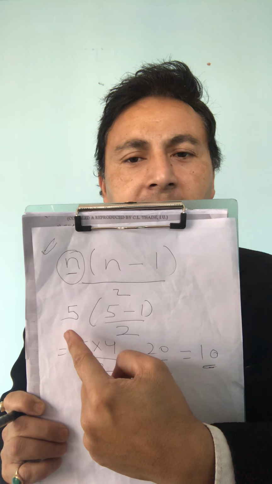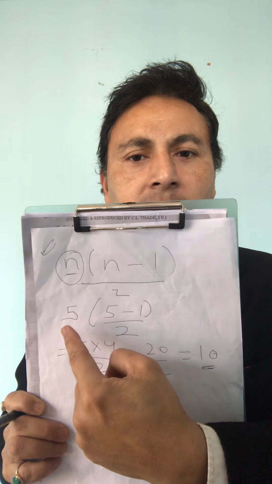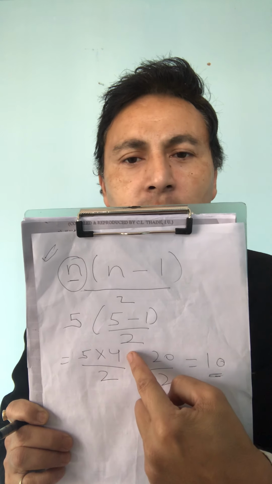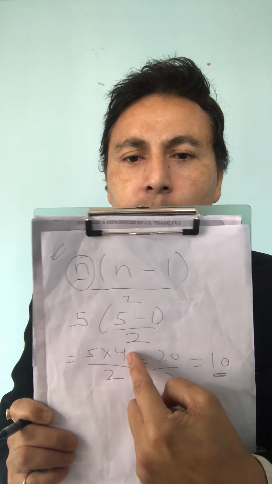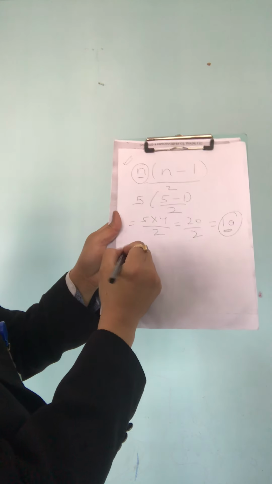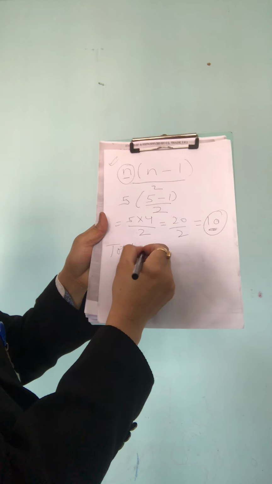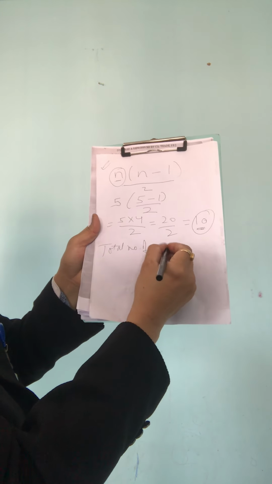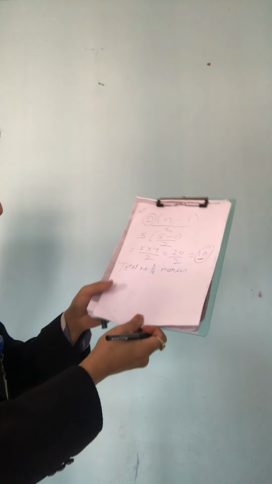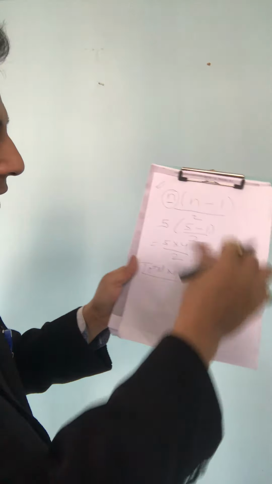And suppose 5 teams are participating, then 5 into 5 minus 1 by 2, that is 5 into 4, 20 by 2, that is equal to 10. That means 10 is our total number of matches. Okay, this is the way. And it is the formula.